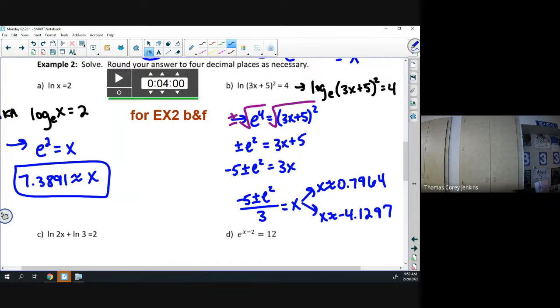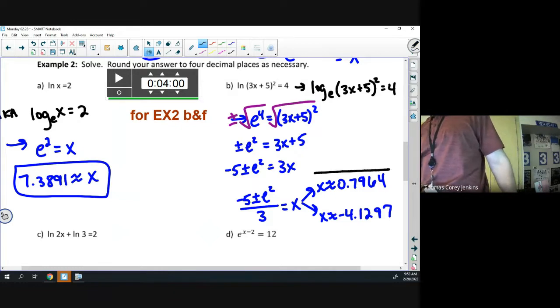So 3 times negative 4 plus 5, and then you square it, it's positive. So we're actually logging a positive there. So this one is a little more confusing, but both of those are solutions on this one. Okay, so we'll box them both in. So that one can be really tricky.